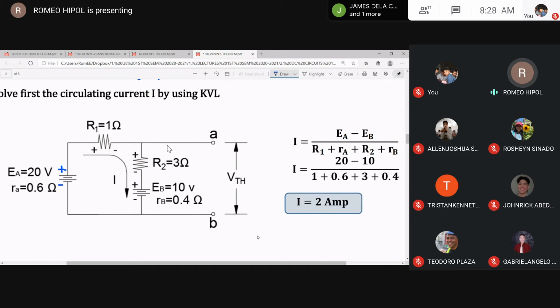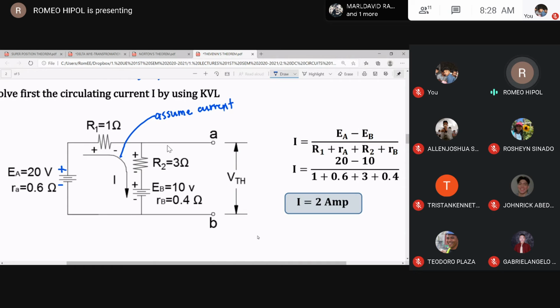So positive, negative. And then for the current direction. Initially, yung current direction dito is assumption lang. Initial as setting. Kailangan nyo mag-assume, di ba? Yung current using KVL.